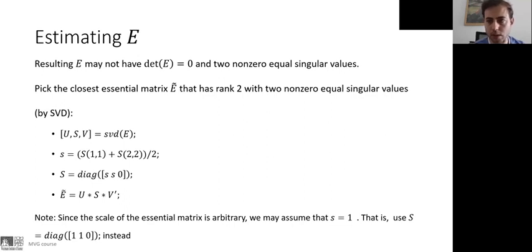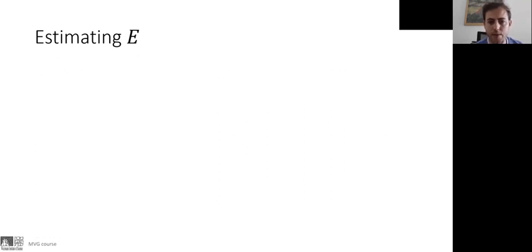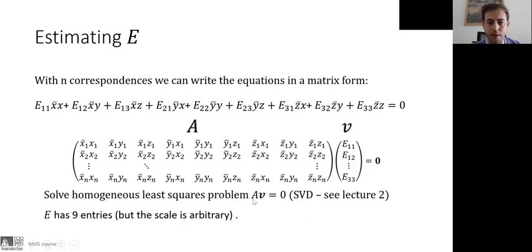Yoni, you're trying to find E, right? Yes. So if you're trying to find E, how do you do SVD to E if you don't have E? Here I have an estimation because I saw the linear least squares solution. I had 8-point correspondence set or more. So I had this A matrix.